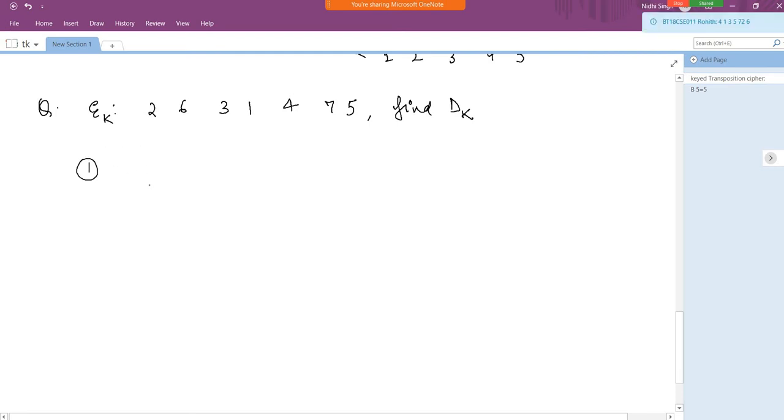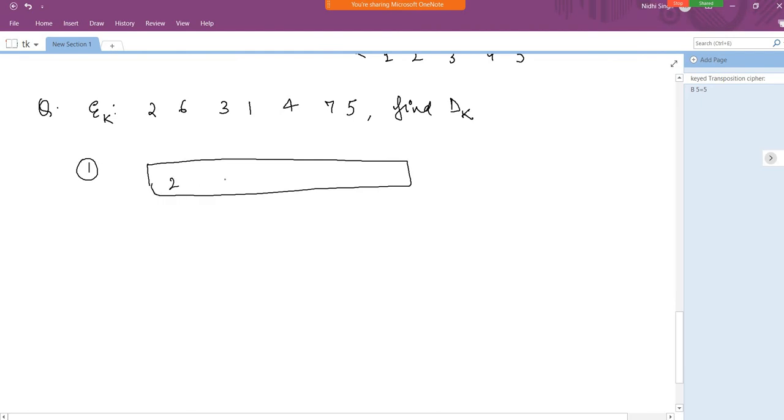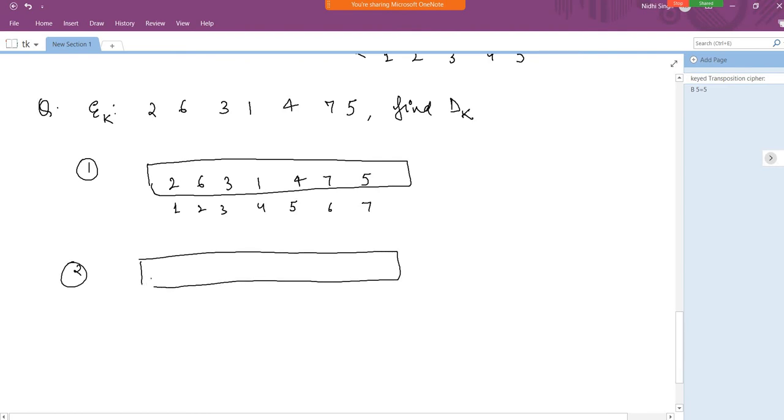So the first step was give the indexing: 2, 6, 3, 1, 4, 7, 5 with 1, 2, 3, 4, 5, 6, 7. Perform swapping: 1, 2, 3, 4, 5, 6, 7 with 2, 6, 3, 1, 4, 7, 5.